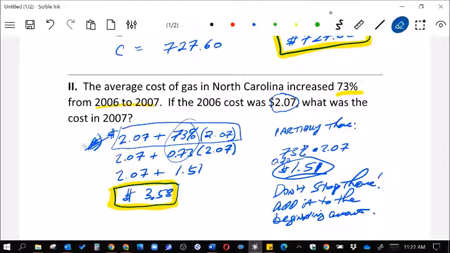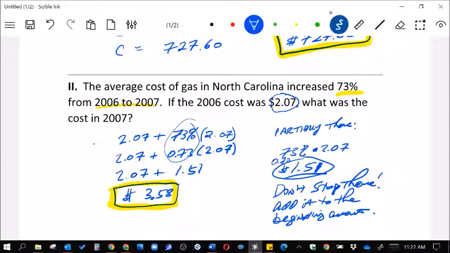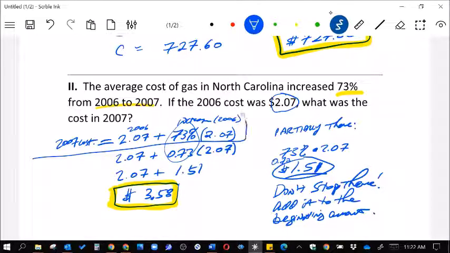So I should write here an equal sign. The 2007 cost would be equal to the 2006 cost plus the increase times the 2006 cost. So that's what this equation is actually doing.